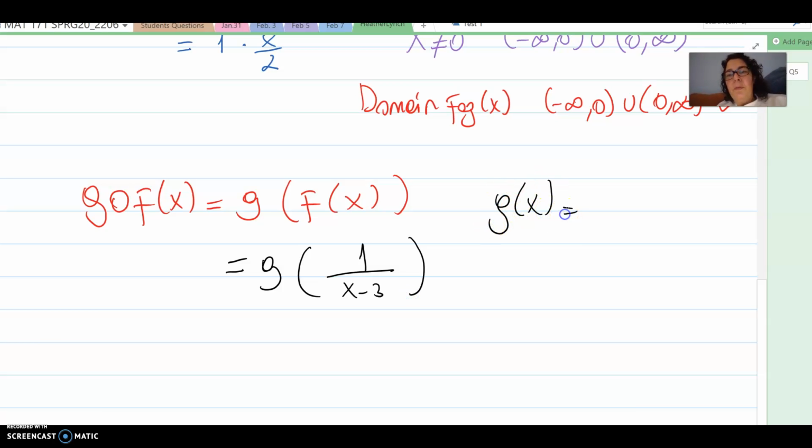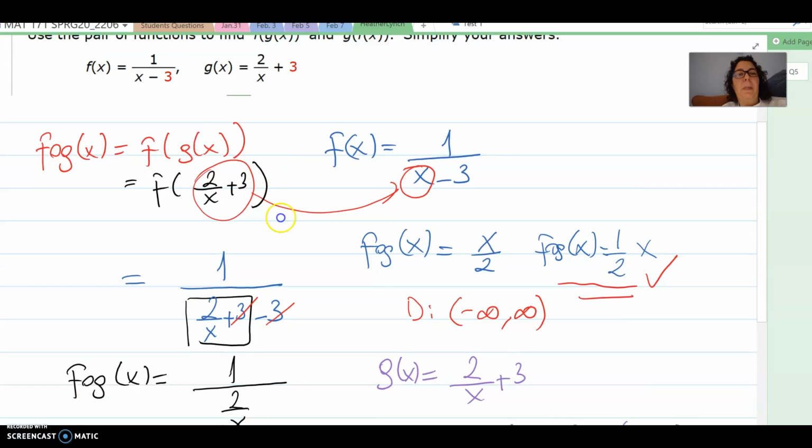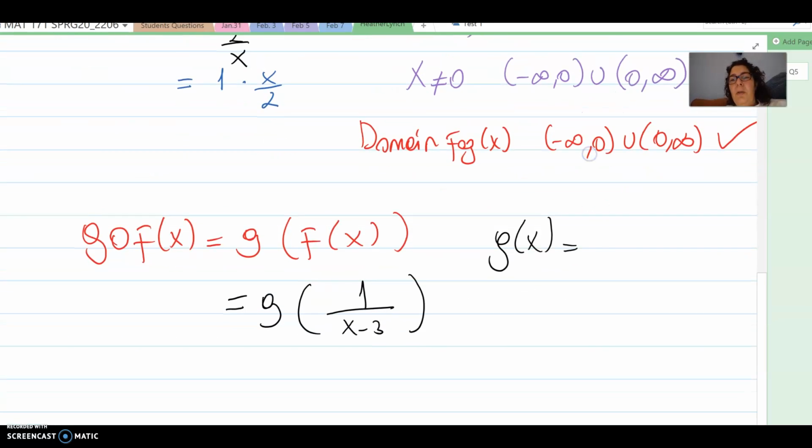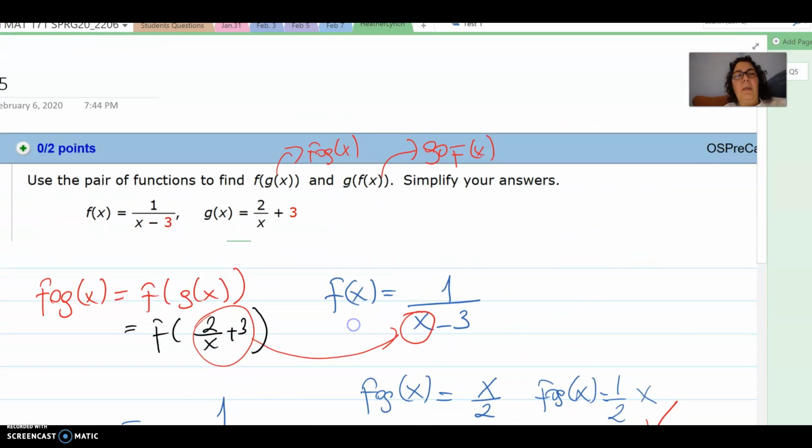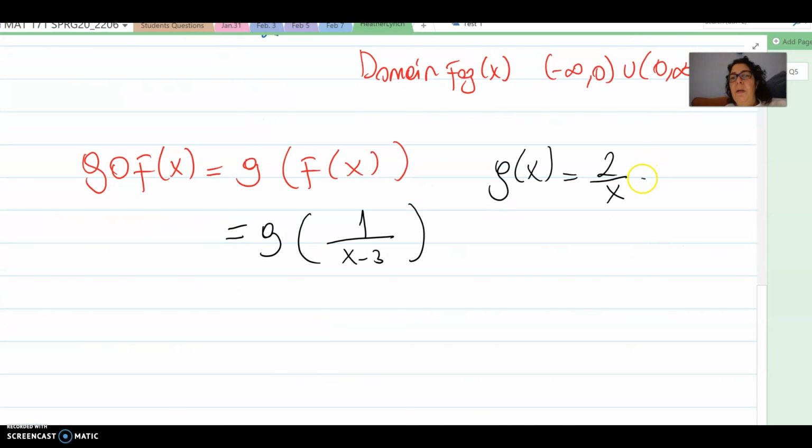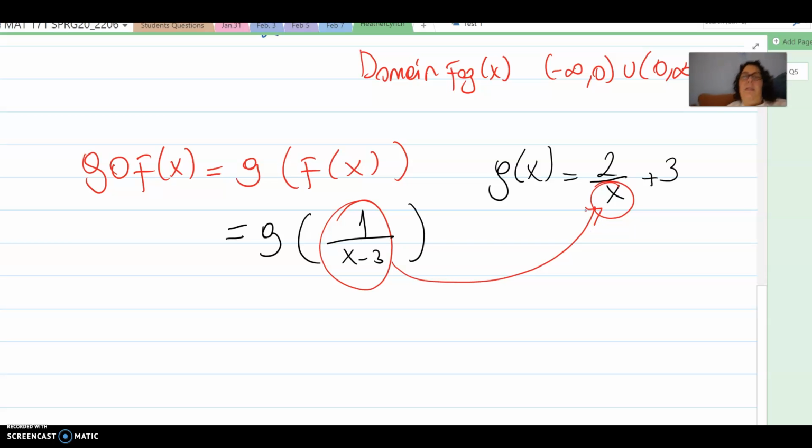What was the rule of g of x? I'm bringing it back here: 2 over x plus 3. So everywhere I see x, now I'm going to plug in this, because that will be my input, since our inside function is now f of x.